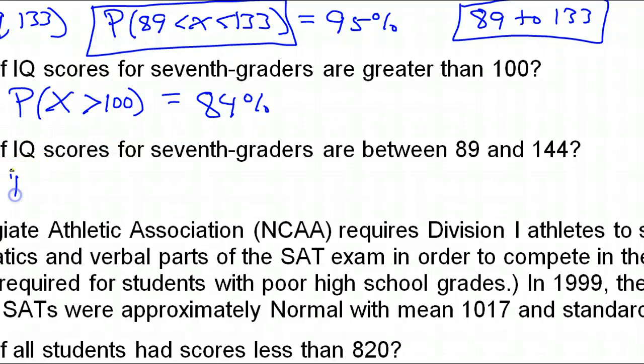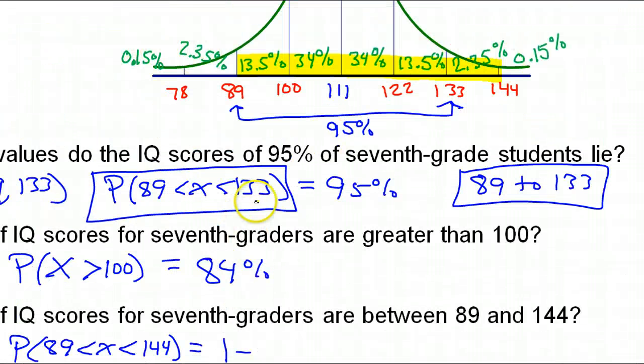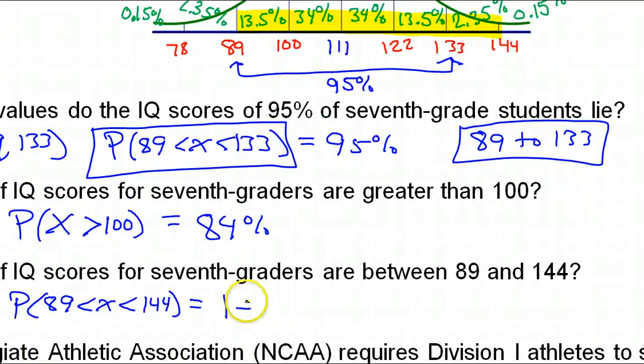So we're talking about the proportion of x values that are between 89 and 144. And I could get this by doing 1 minus these 3 pieces. Well, not 1 minus, but 100, because we're dealing with percents right now.